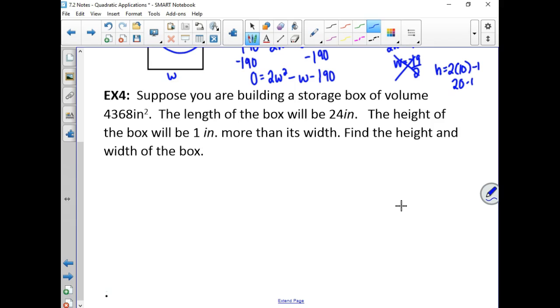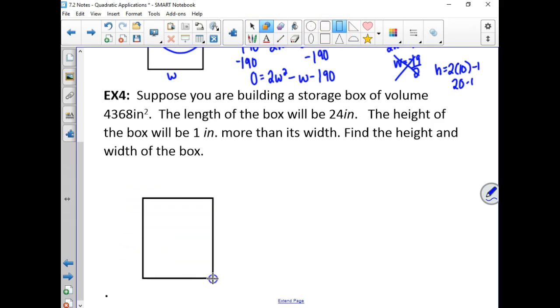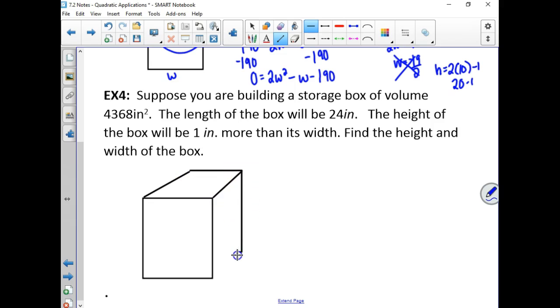So here we have a box. Let me draw that. And we know that the length of the box is 24 inches.